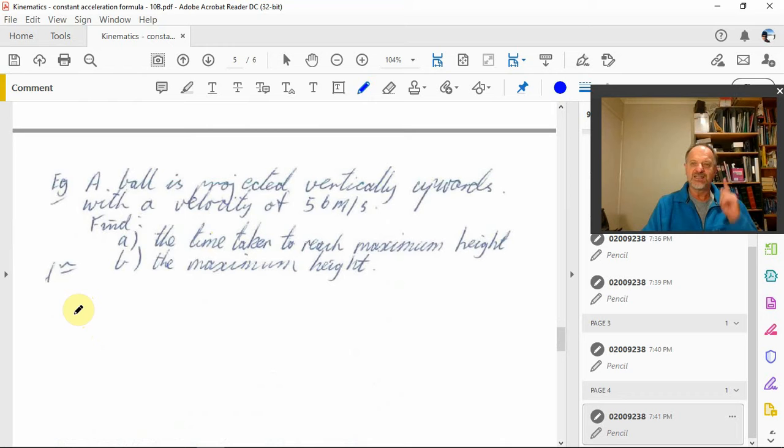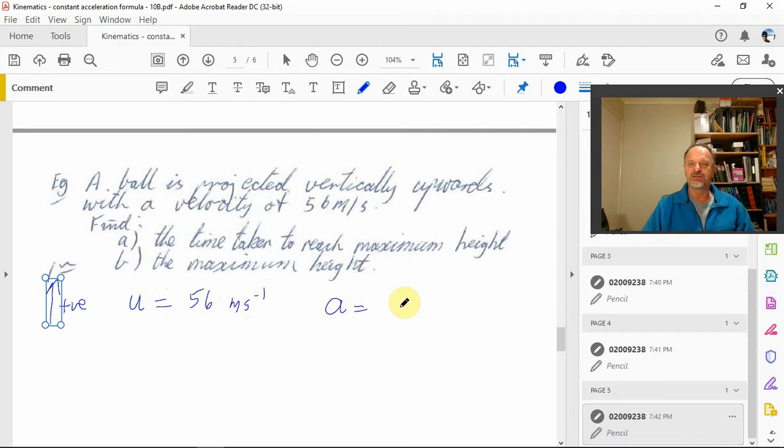So it's things that we know straight away. I'm taking up as being positive, so I know that my initial velocity is 56, and that's up. I know, because it's gravity, that the acceleration is negative 9.8.